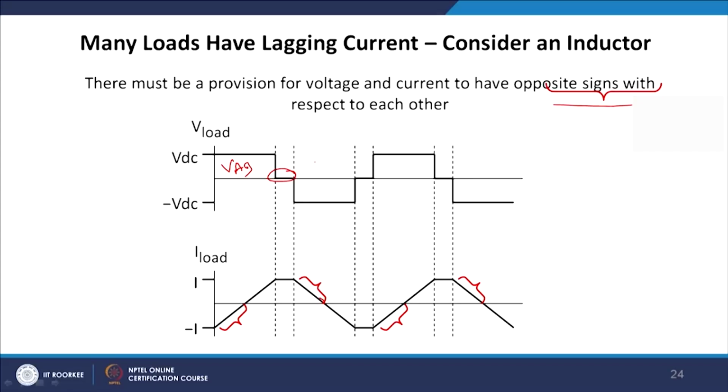You get a forward voltage and negative current, so ultimately the diode will conduct. When you have a forward voltage and forward current, then the control switch will conduct. So it can be very well realized simply by an SPDT switch.